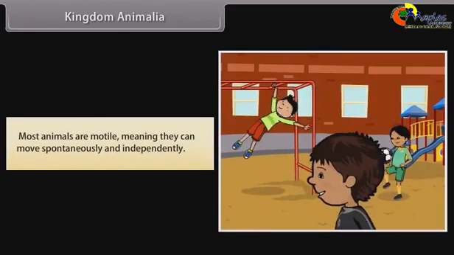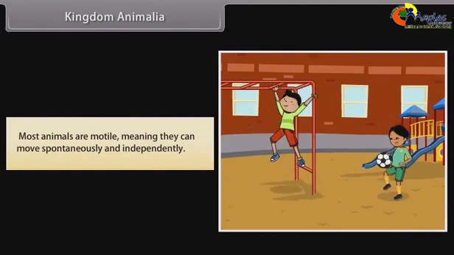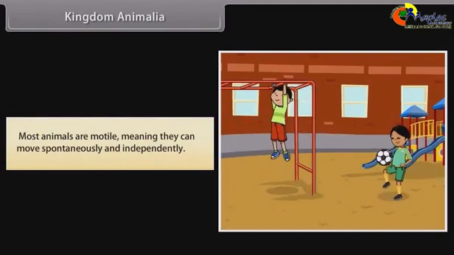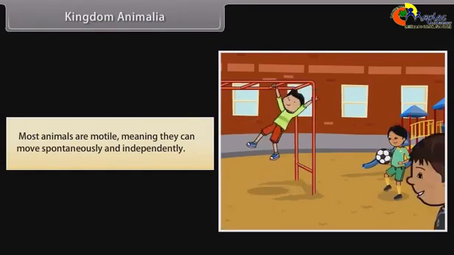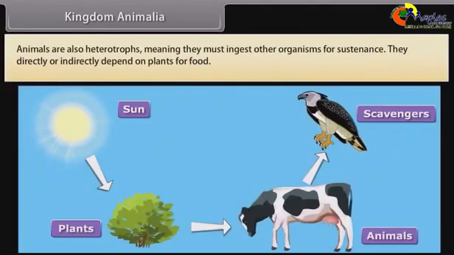Most animals are motile, meaning they can move spontaneously and independently. Animals are also heterotrophs, meaning they must ingest other organisms for sustenance. They directly or indirectly depend on plants for food.